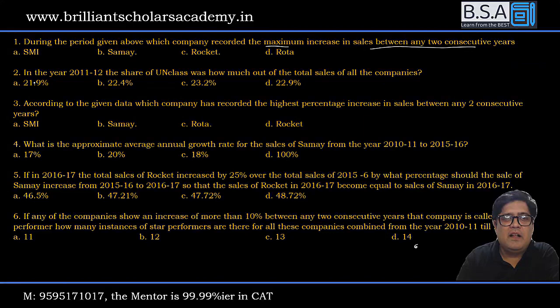We will see. In year 2011-12, the share of Unclass was how much out of total sales of all companies? According to the given data, which company has recorded highest percentage increase in sales between any 2 consecutive years? This will be the same question, any 2 consecutive years.